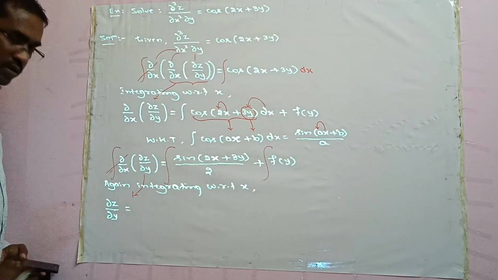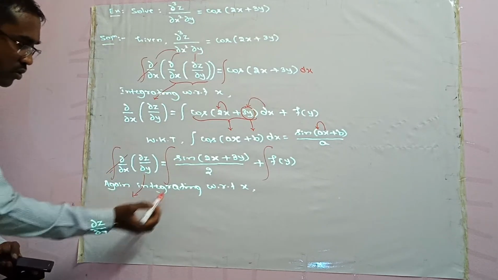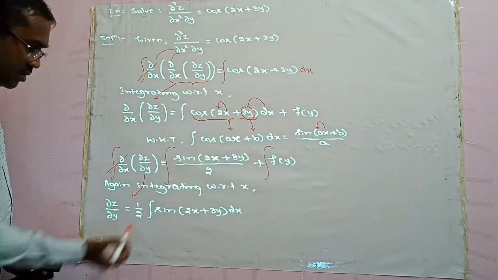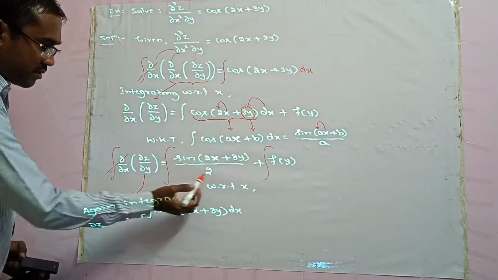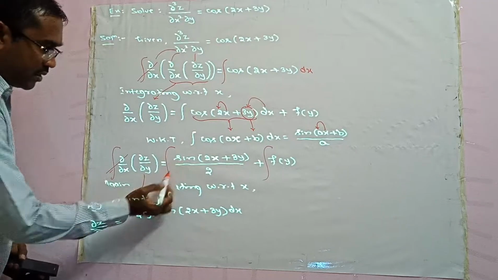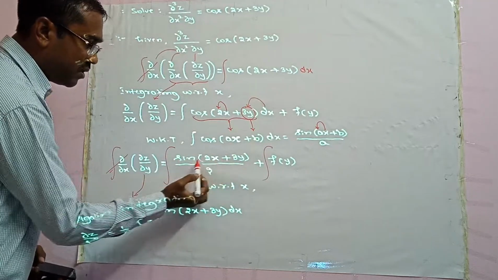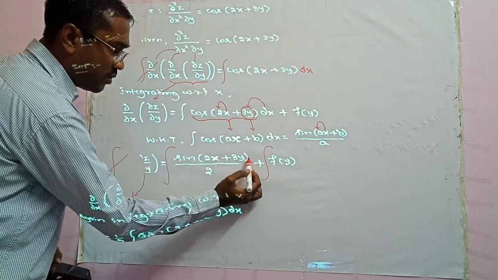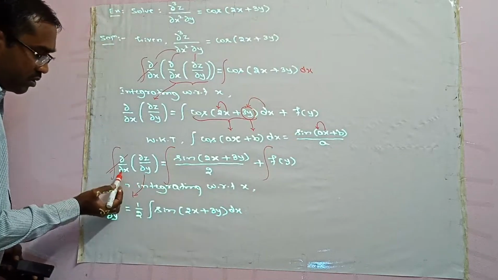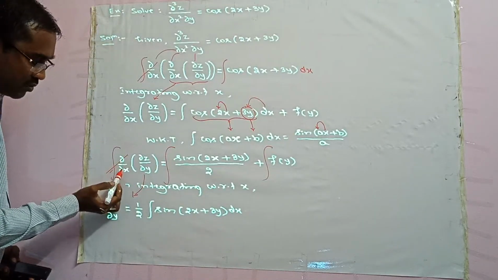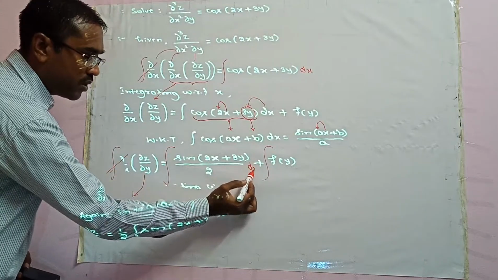dou z by dou y is equal to the integral of this; 1 by 2 we have taken outside as a constant. Integral of sin of 2x plus 3y with respect to x we have to integrate, to eliminate this dou by dou x.